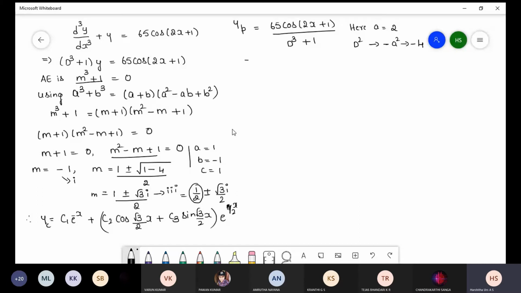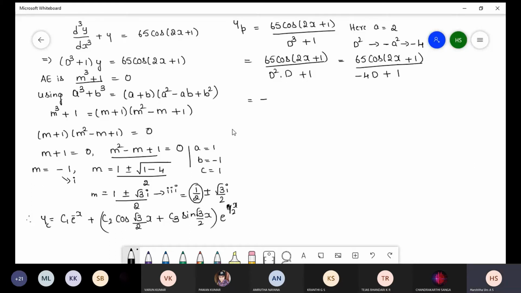So I write 65 cos of 2x plus 1 over D cube, I write here D square into D plus 1. So already we know the D square value. Write the numerator 65 cos of 2x plus 1 as it is. D square means minus 4D plus 1.